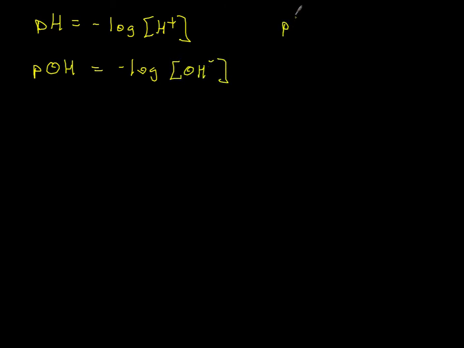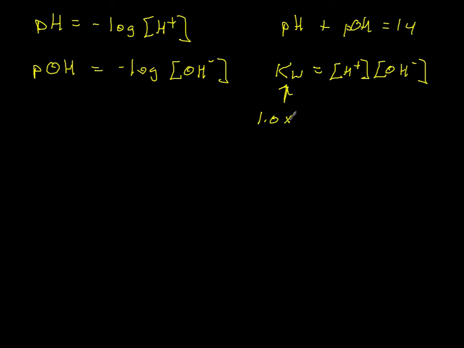We have the pH plus the pOH is equal to 14, and we have the Kw equal to the H concentration times the OH concentration, and we know that Kw has a value of 1.0 times 10 to the negative 14.